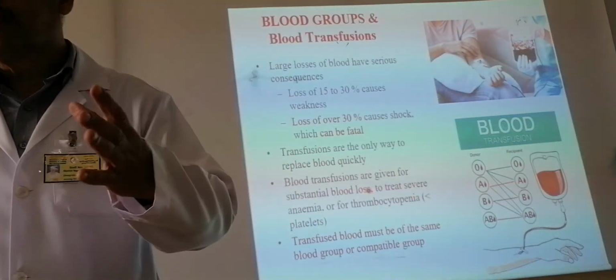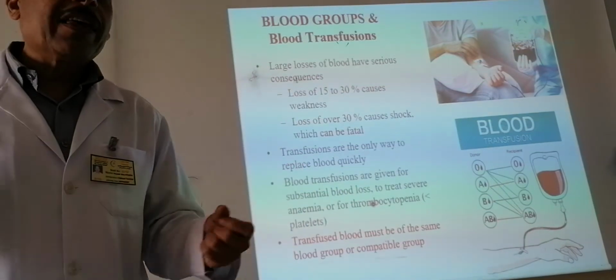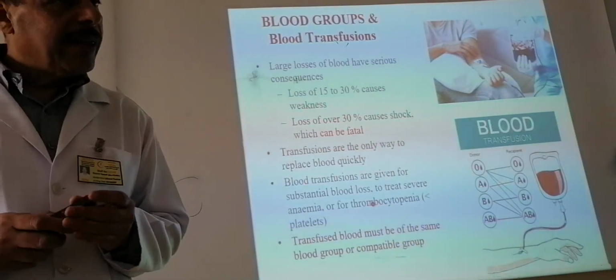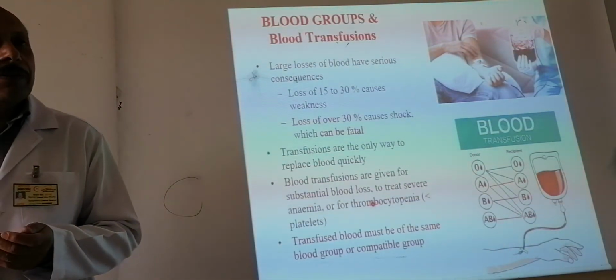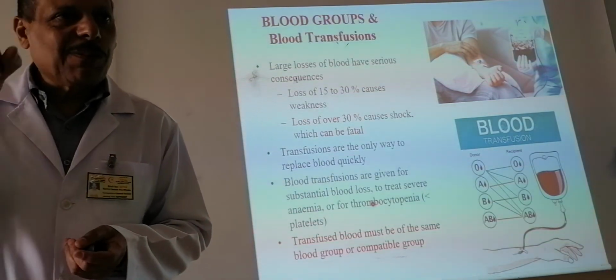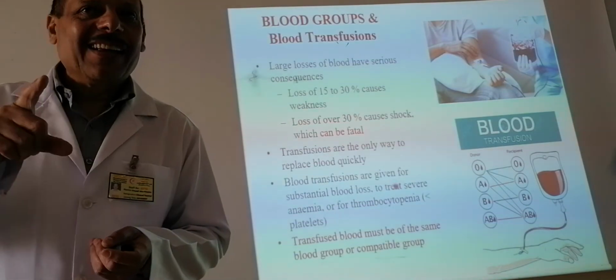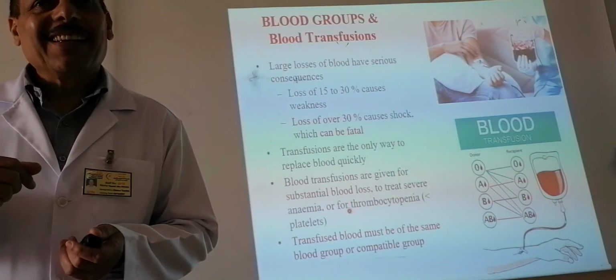That antigen is on the surface of the cell, and the antibody is where? The blood is composed of cells and plasma. So the antibodies are present in the plasma.